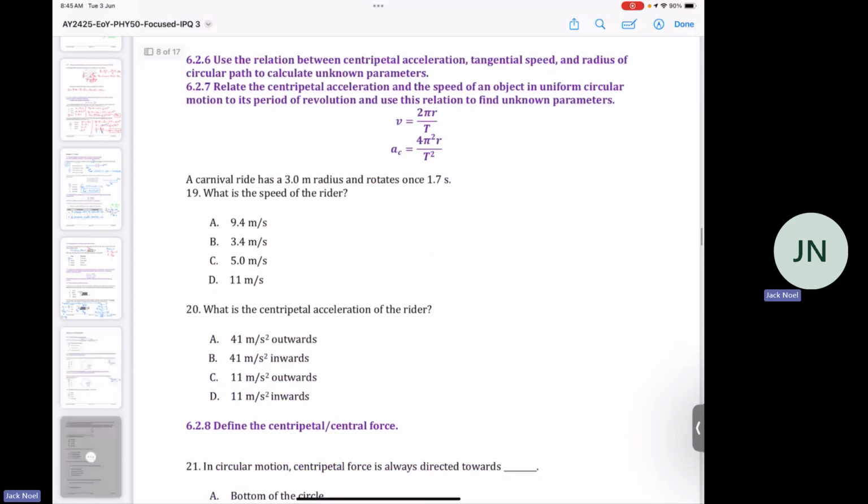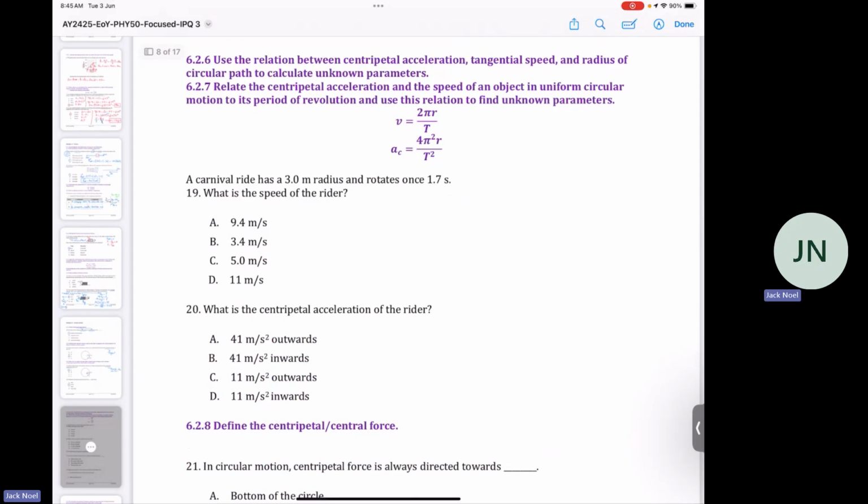Next, they gave us here a carnival ride has a 3 meter radius, so that's the radius, and they told us that it rotates once every 1.7 seconds. This is the period of revolution, T. They're asking about the speed.